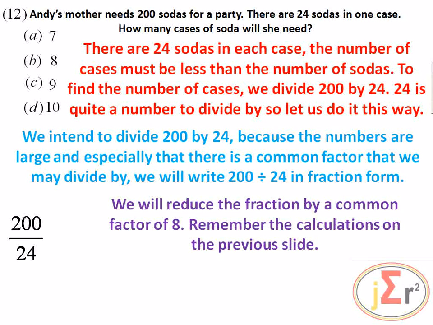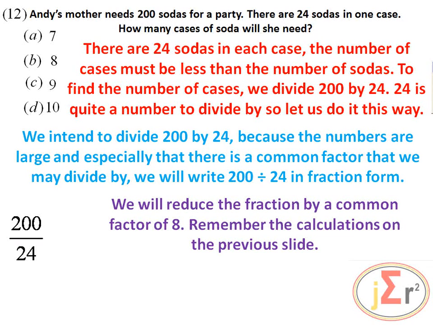So Jerry said that we have a common factor of 4. That is correct. But we are reducing it to the best of our ability, and in order to do that, we are attempting to use the largest number that can divide into 200 and 24.